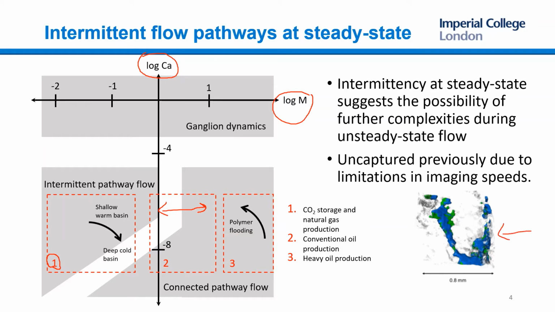For this scenario, the rock grains are transparent, the brine is shown in grey, the continuous areas of nitrogen are shown in blue, and areas where there was a change in the occupancy during the scan, and therefore the regions were blurred, are shown in green, and these are the intermittent pathways. So we can observe the degree to which they have occurred, but we have never been able to actually observe the dynamics directly and this transition to the steady state, which we have finally been able to do.